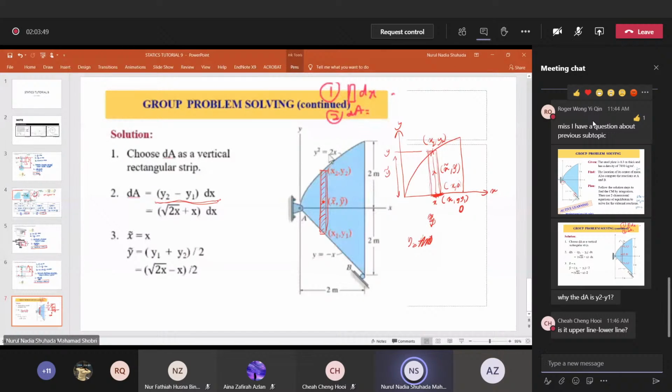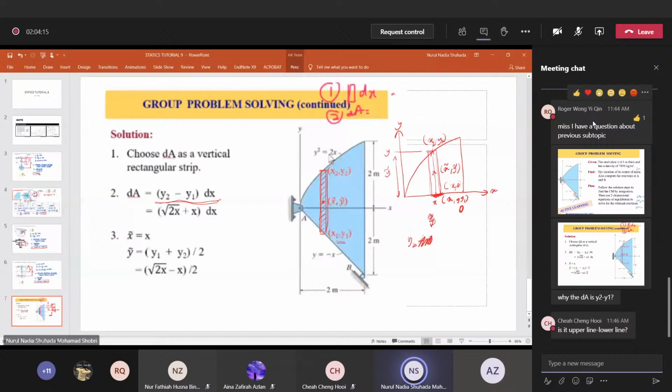When you have a shape that covers two different areas of the plane, we have to consider y2 minus y1, because y1 is no longer 0, so you cannot ignore it. The y1 actually has its own value that is not 0.